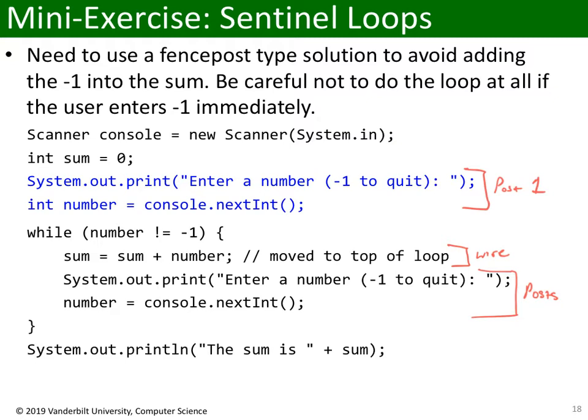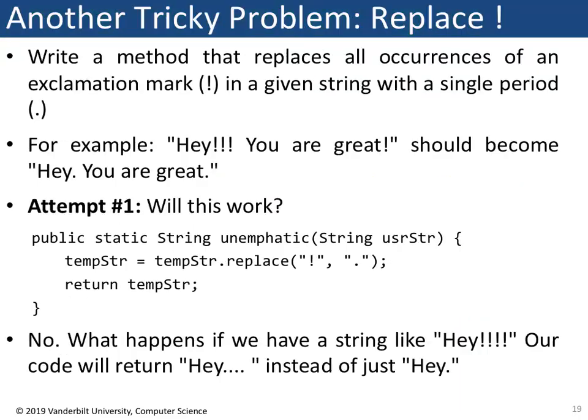This is a really common situation where one of the operations inside a loop needs to be moved out to before it so that you can wind up with the right number of posts and the right number of wire sections. If you go on to become a programmer, this is something that you'll deal with very commonly. And it's important that you get to the level where recognizing these situations is second nature.